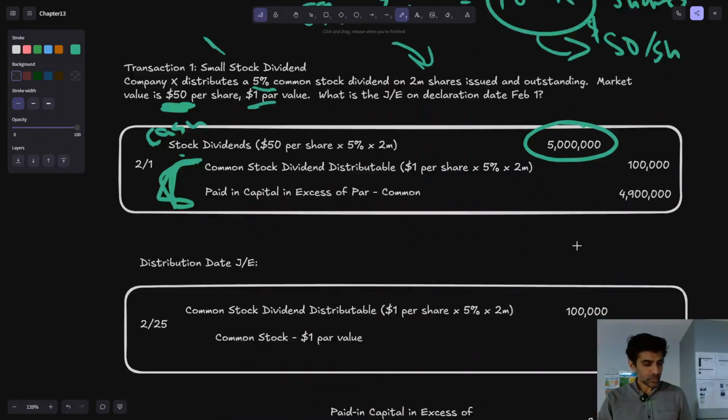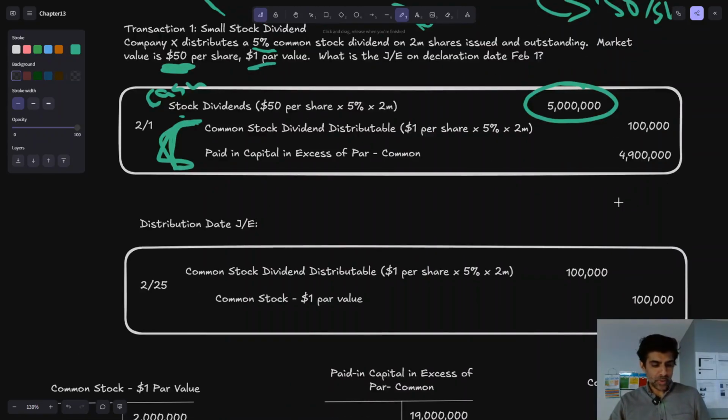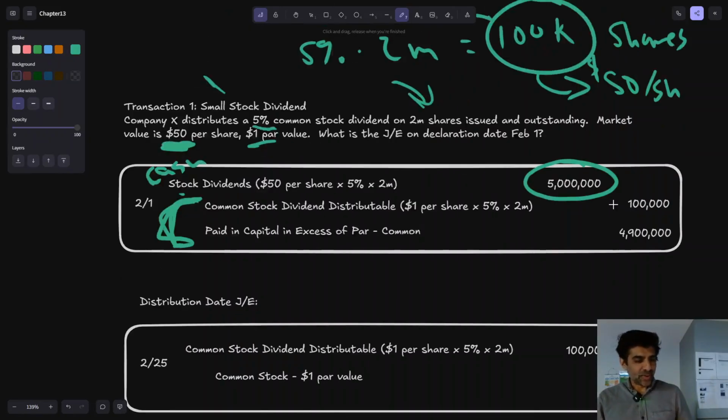Now when we distribute, it's a little different. You can see here that we haven't yet distributed the shares. We've just declared them. So this is common stock dividend distributable, 100K.